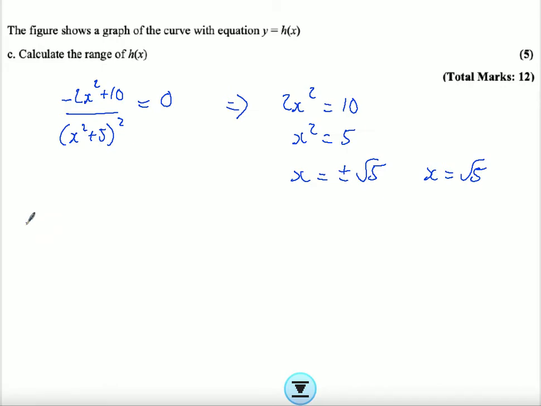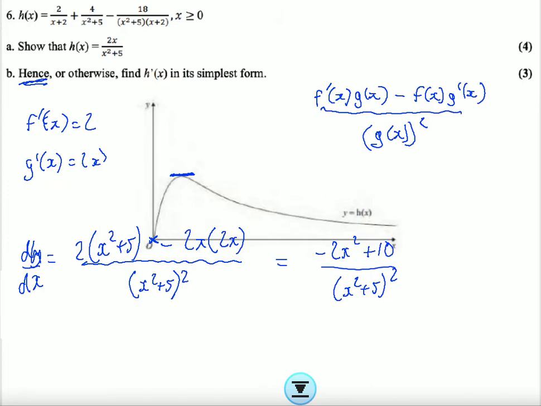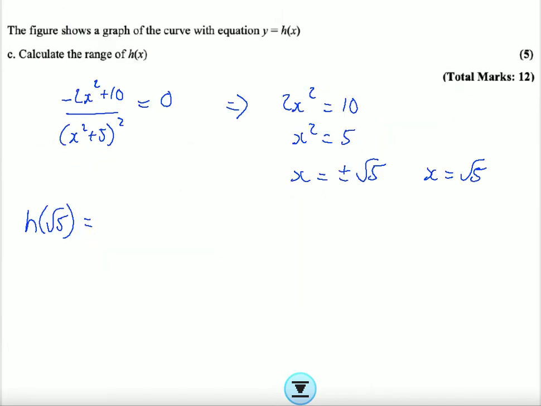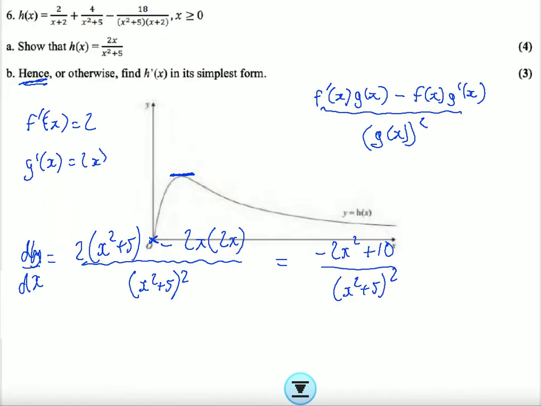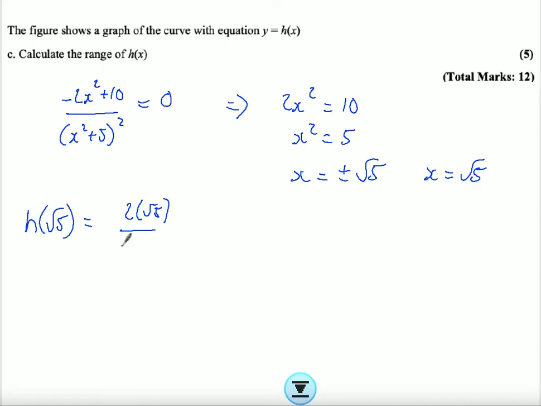So if we substitute that in, so h of root 5, 2x over x squared plus 5. 2 root 5 over x squared add 5, so root 5 squared add 5.